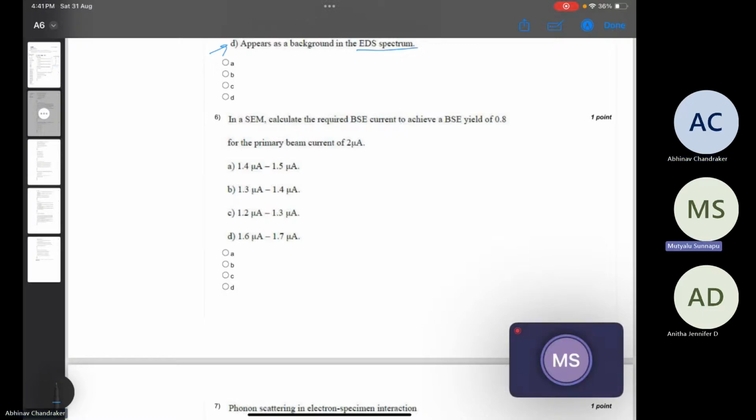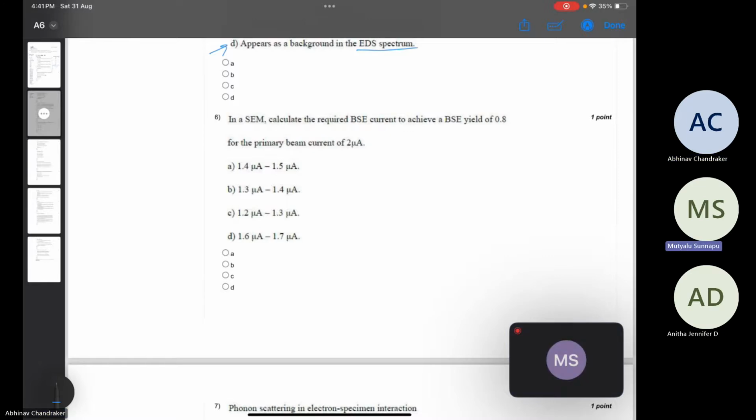Calculate the required BSE and the background secondary electron current to achieve the BSE yield of 0.8 for the primary beam current of 2 microampere. The BSE yield is 0.8 for the primary beam.